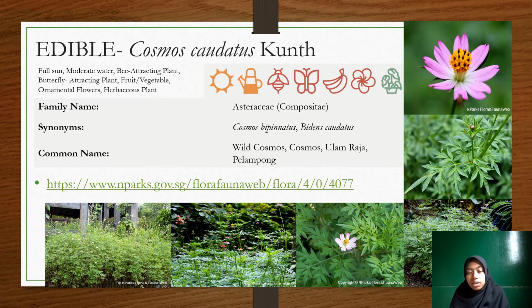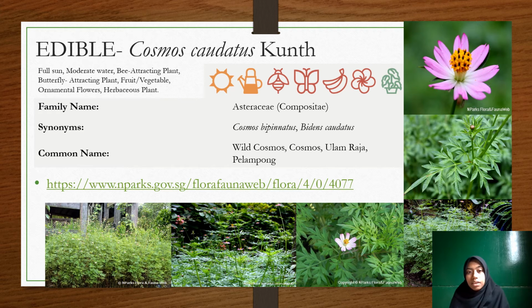For the edible, the plant that I choose is Cosmos caudatus Kunth. This plant needs to grow with full sun and moderate water, and this plant is a bee attracting plant, butterfly attracting plant, fruit or vegetable, ornamental flower and herbaceous plant.